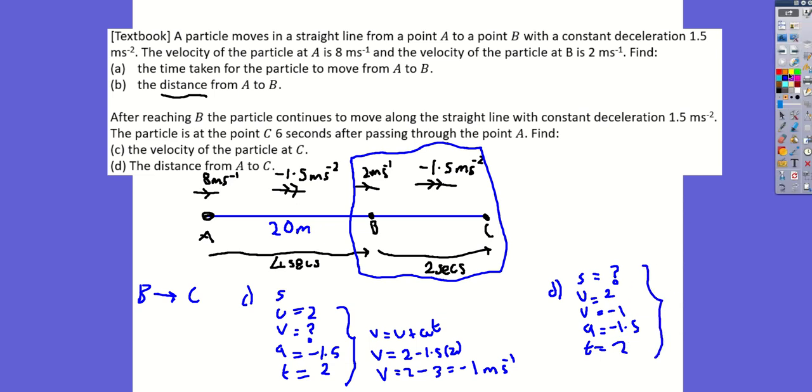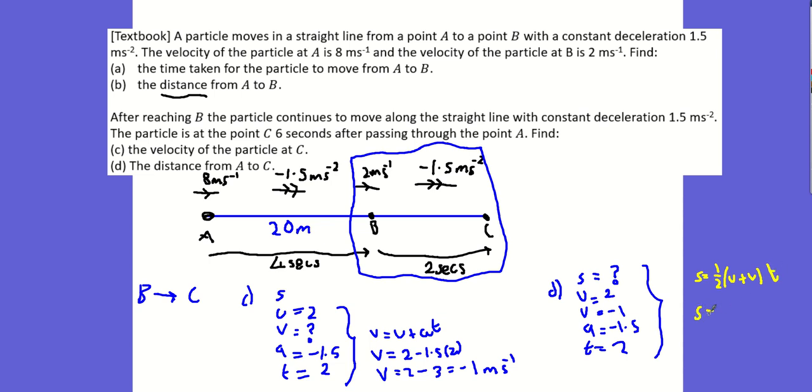Okay. Combine these together. Let's use the equation that solves for S. S is a half, U plus V, times T. Put the values in. Half, 2 minus 1, times 2. S is a half times 2 which is 1.